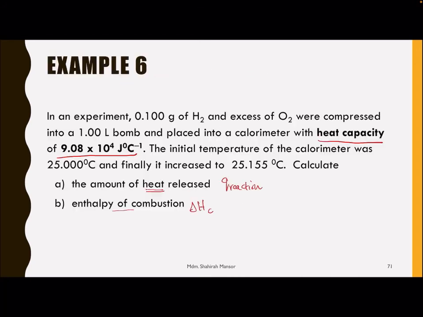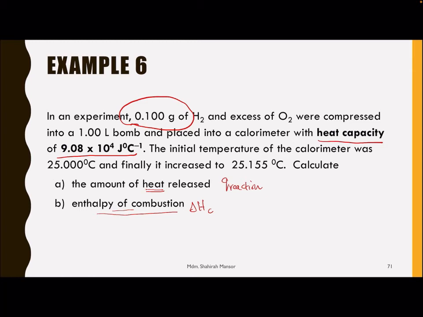For question B, you need to find the enthalpy of combustion from this reaction. In this reaction, we have burned 0.1 gram of hydrogen. Enthalpy of combustion refers to the heat release when we burn 1 mole of the sample.